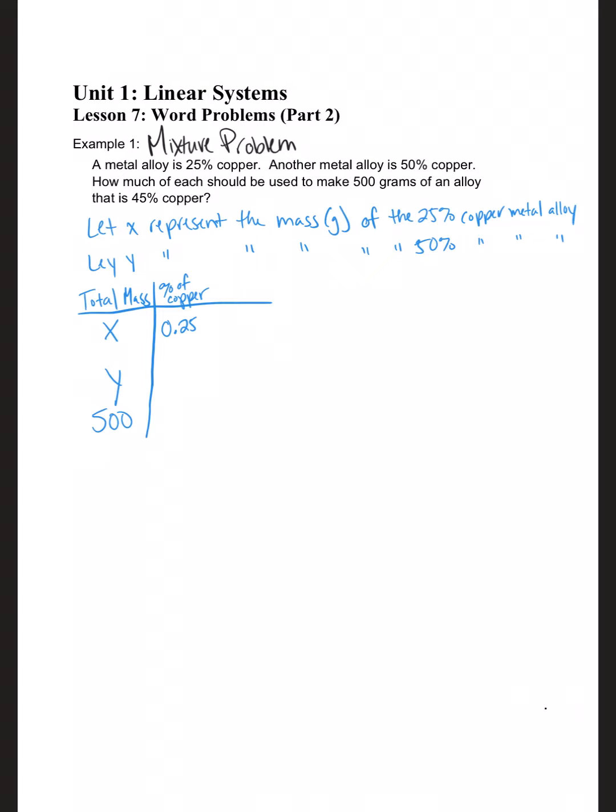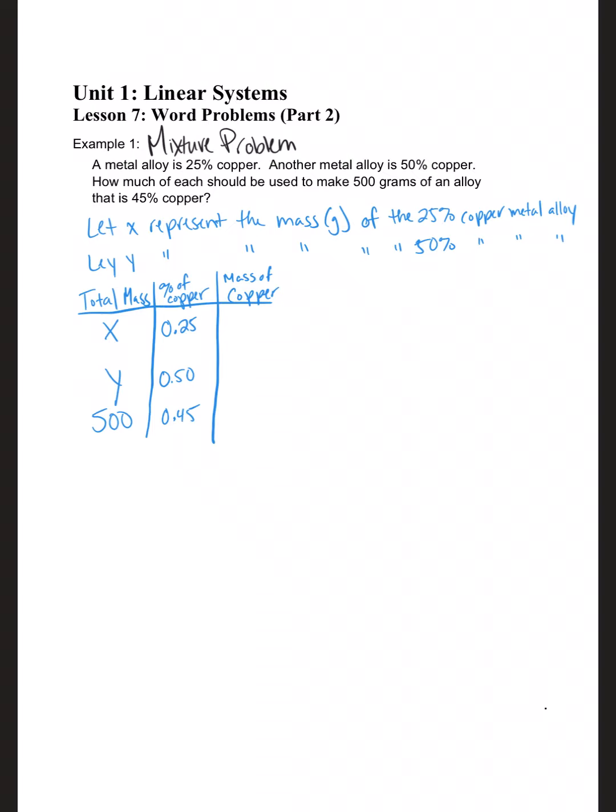Our Y metal alloy is going to have 50% copper in it. And the mixture that we're going to create has to be 45% copper. Then what is the mass of copper that we're going to use of each of these metal alloys to make our mixture?